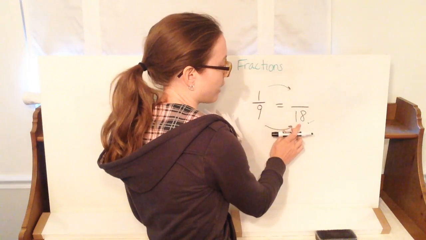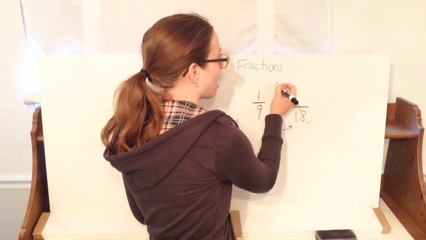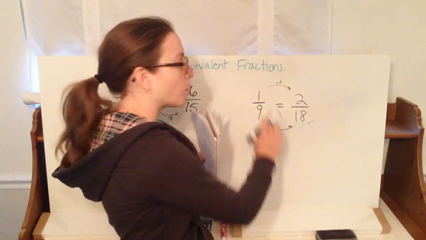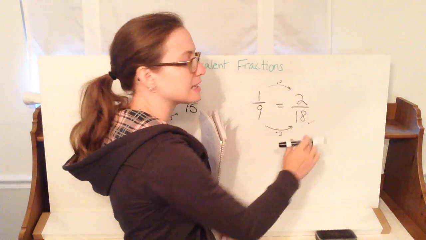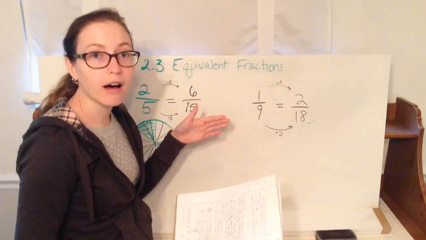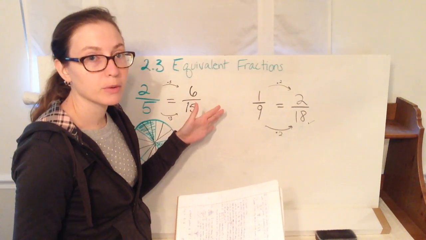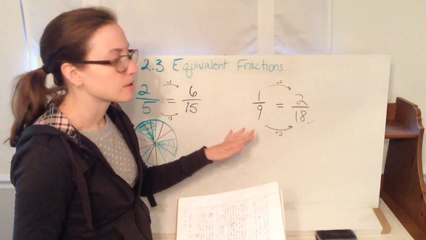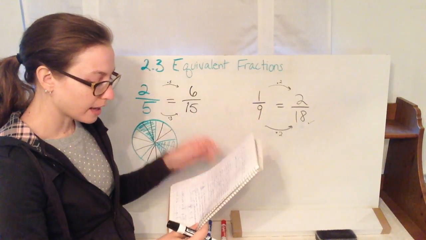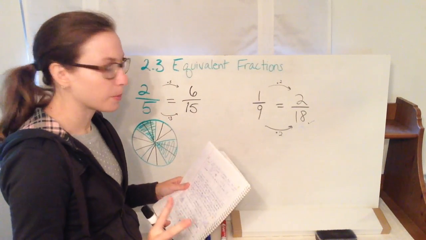The problem would give that to you. And then on the top, we would do times 2 to find 2. So 1/9 is equivalent to 2/18. And you can do this if they give you the top number as well. Whatever they did to the top number, whatever they multiplied by, you would do the same to the bottom numbers or denominators.